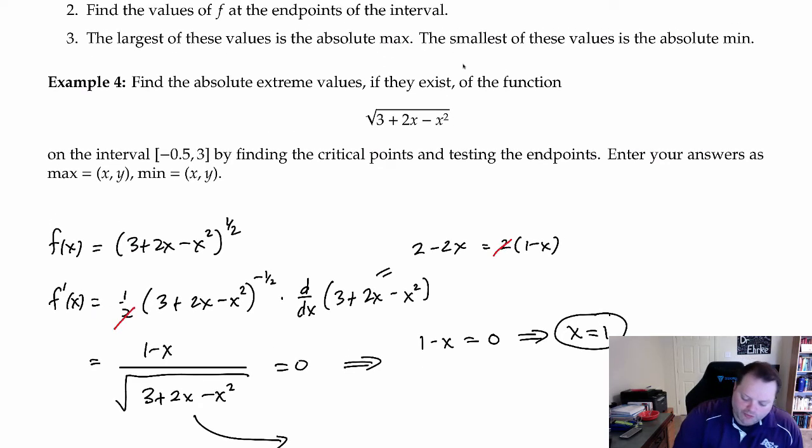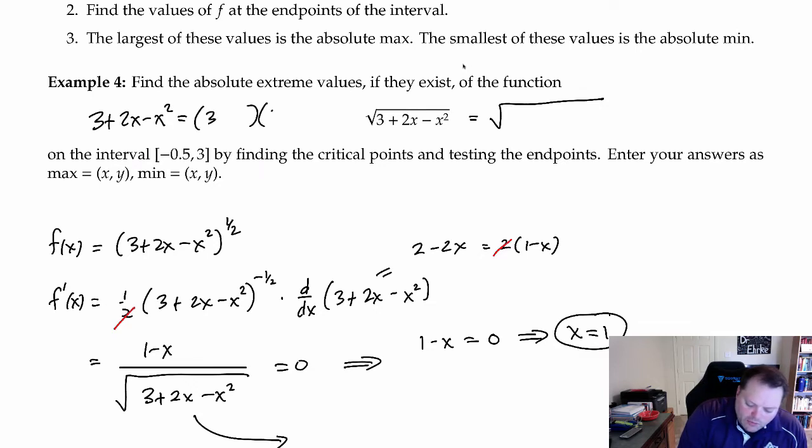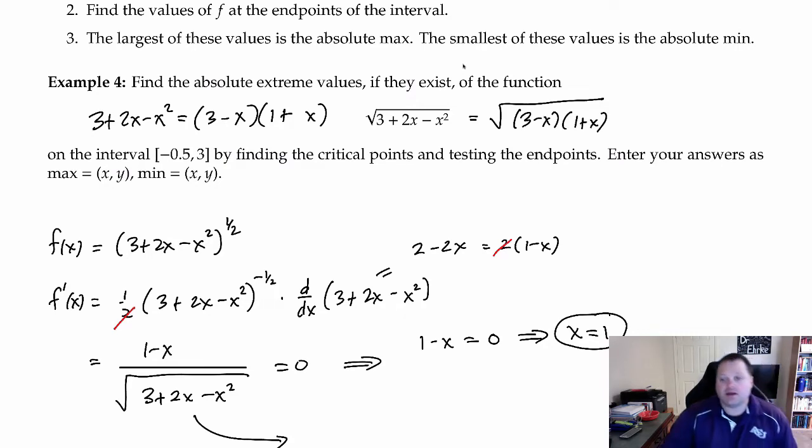If you look at the original function, does 3 plus 2x minus x squared factor? Minus x plus 3x gives 2x minus x squared. That looks good, so this would be 3 minus x, 1 plus x.